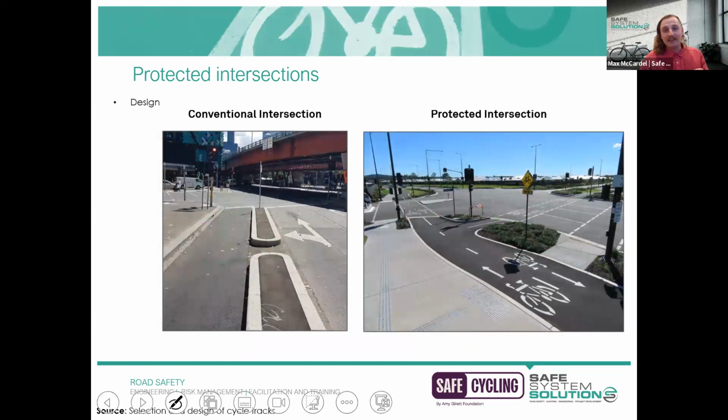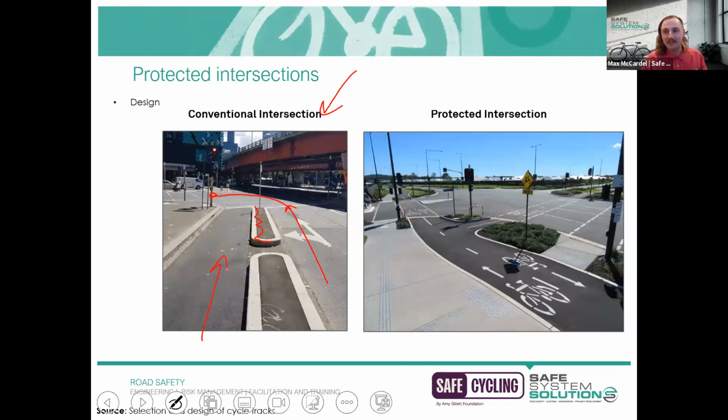Another diagram here. I wouldn't necessarily call this a conventional intersection because you wouldn't typically have any type of separating treatment for a conventional intersection. But I think this one on the left illustrates it from a ground perspective. If you were a motorist turning left at this intersection and a cyclist was going through, because this is a separated facility, one really starts to question, well, who actually does have the right of way there?